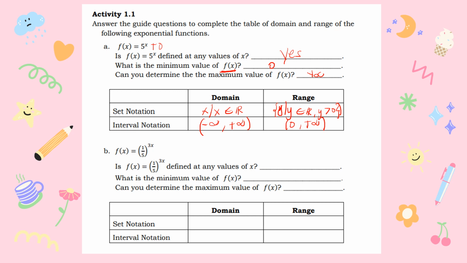Here, f of x is equal to 1 over 5 raised to 3x. Is f of x equals 1 over 5 raised to 3x defined at any values of x? Yes. What is the minimum value of f of x? 0 again. And then, can you determine the maximum value?